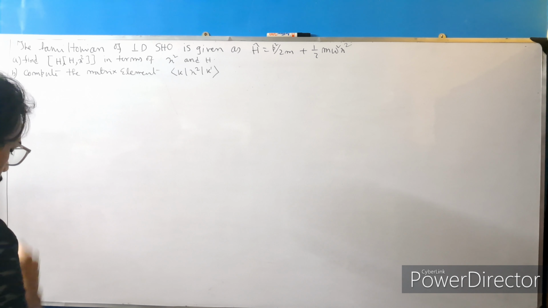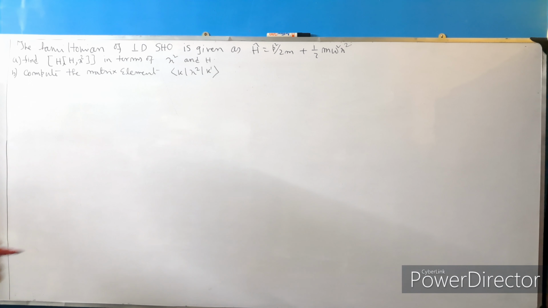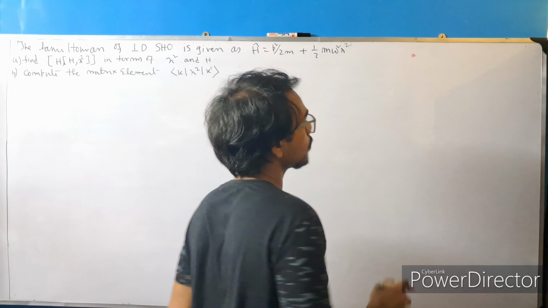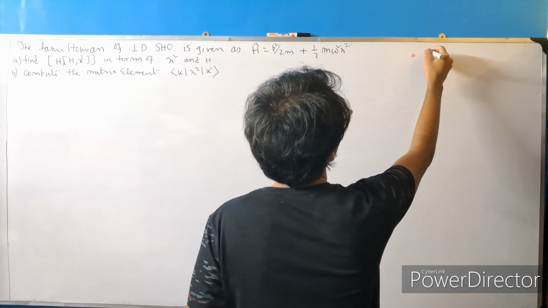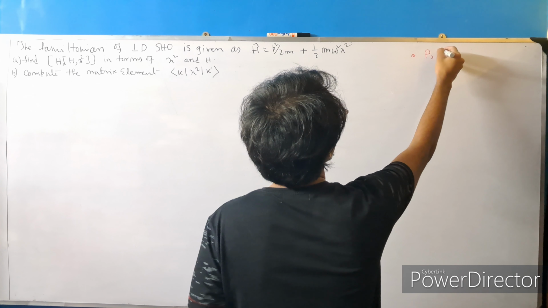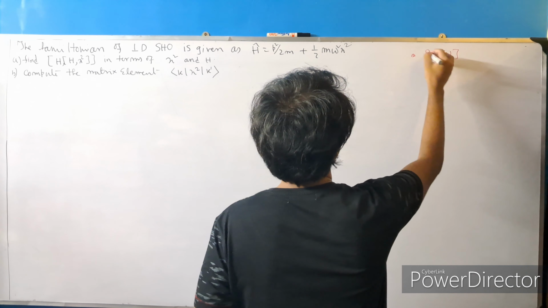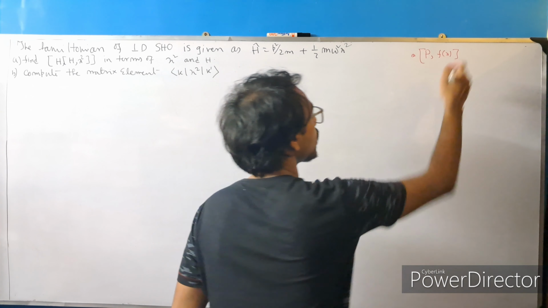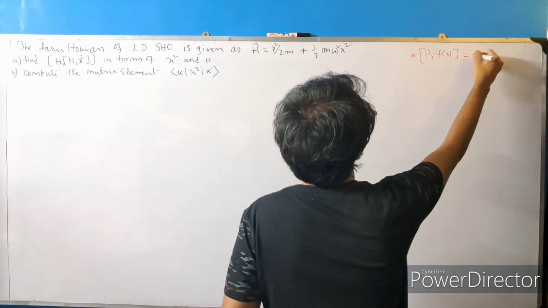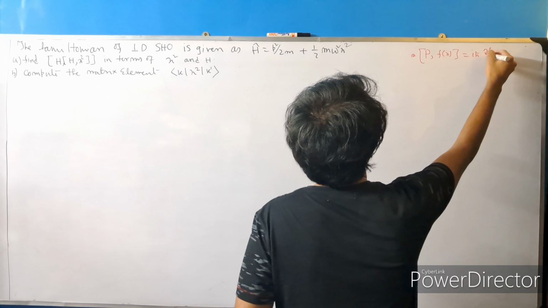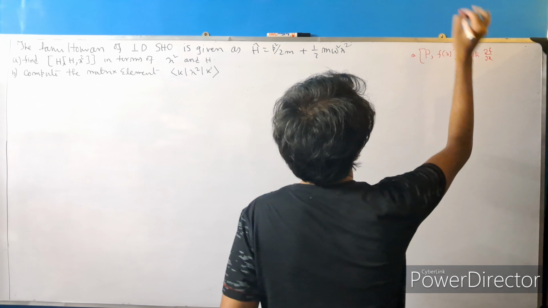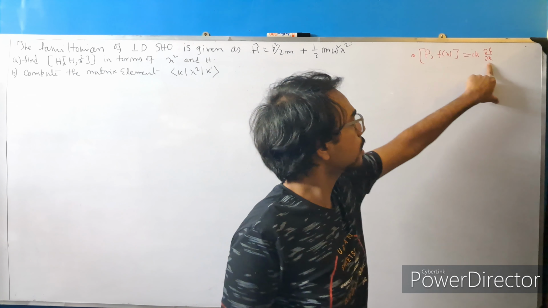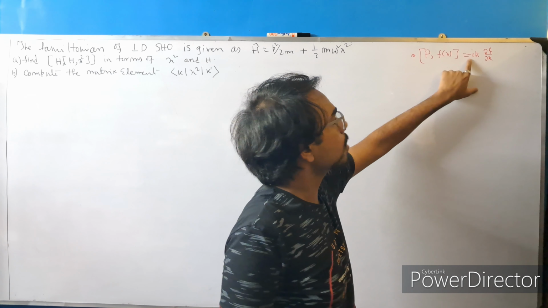At first we have to know two formulas regarding this. These are the most general formulas. If we have a p and a function f of x, and we want to calculate the commutator, we will get i h-cut del f del x with a minus sign. An easy way to remember: if there is a position function, or we are taking the derivative with respect to the position, there will be a minus sign.